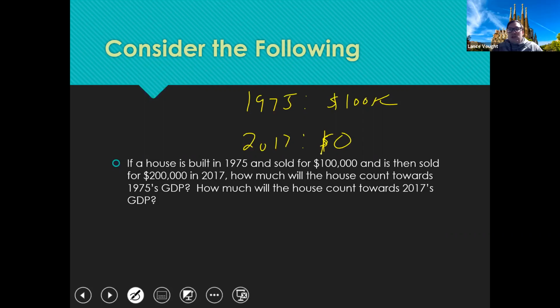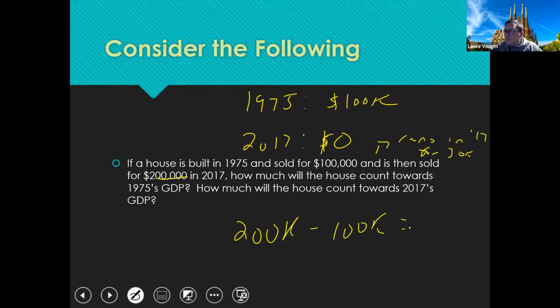And then again, if you change the facts so that you renovate in 2017 for 30K and then it sells for $200,000 in that same year, then you would take the increase in value, which would be 100K, and that would be the answer for 2017 in that scenario.